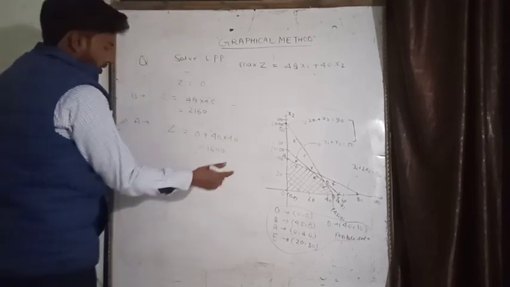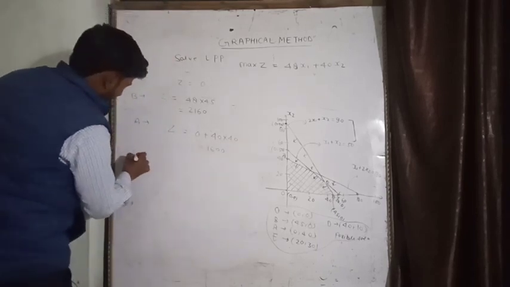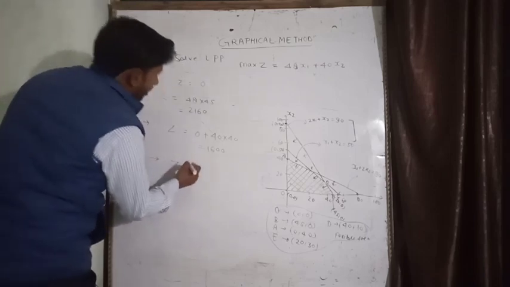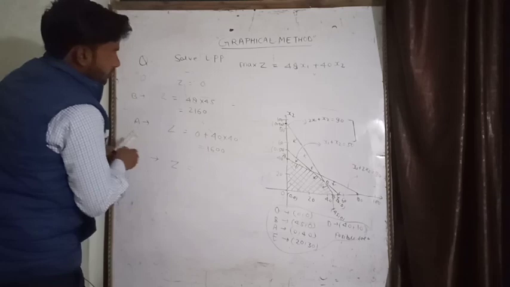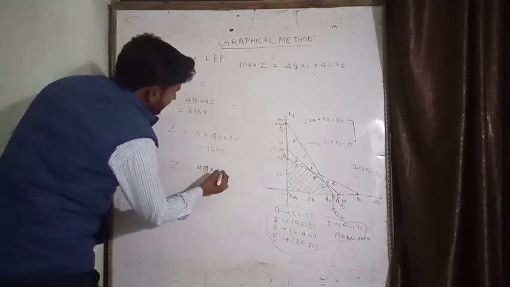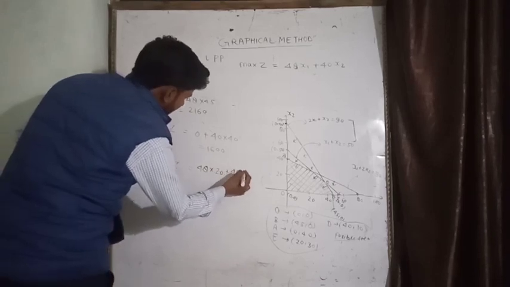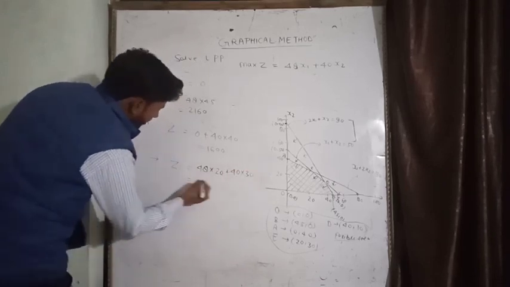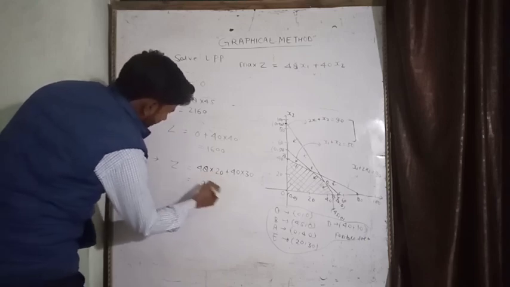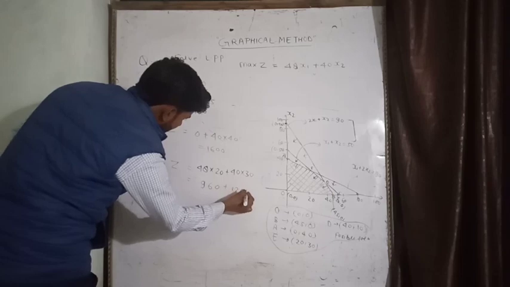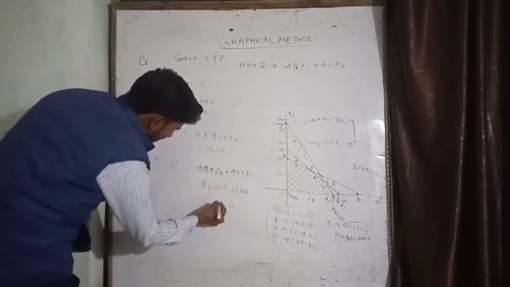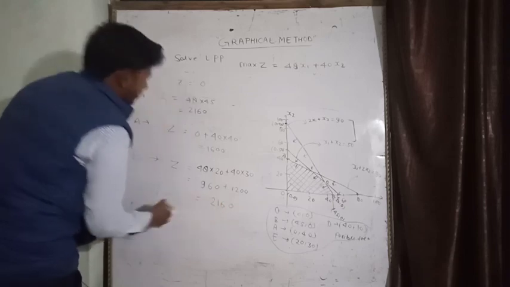Again, for point E, Z is equal to 48 into 20 plus 40 into 30, that is 960 plus 1200, which is 2160.